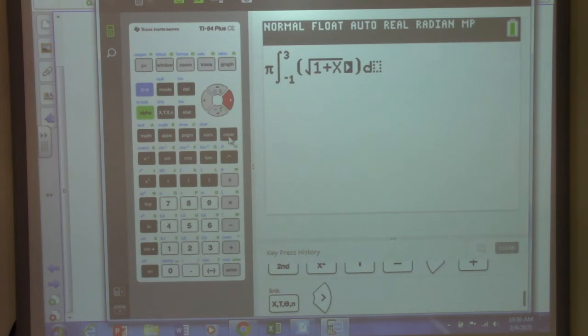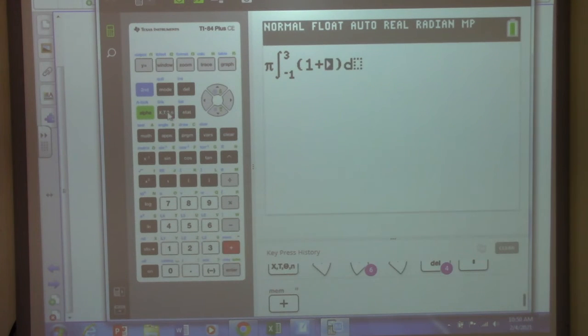Let me do it this way. I'll just put parentheses 1 plus x like this, and then dx.